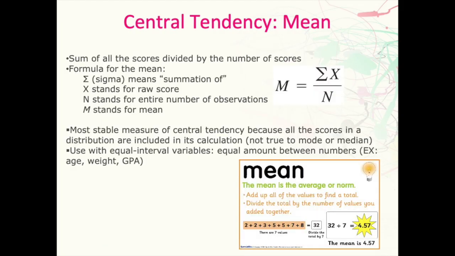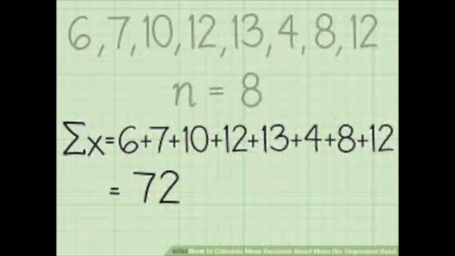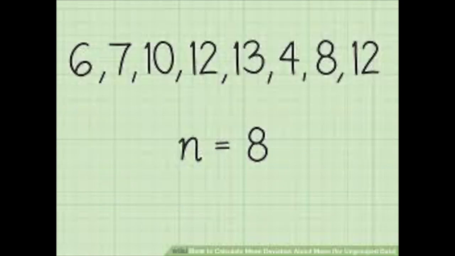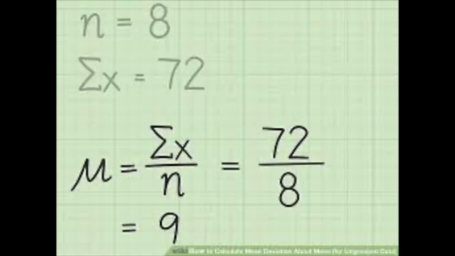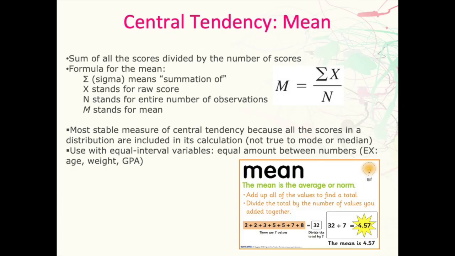So the first measure of central tendency is the mean. The way you calculate the mean is by summing all of the scores. Sum is another word for adding them up, and then dividing by the number of scores that you added up. If you look on the slide, you see the formula there, and there are some statistical symbols and letters that we need to define.